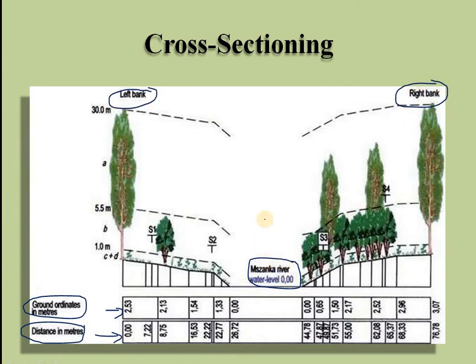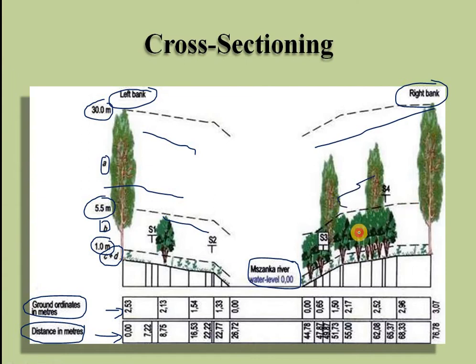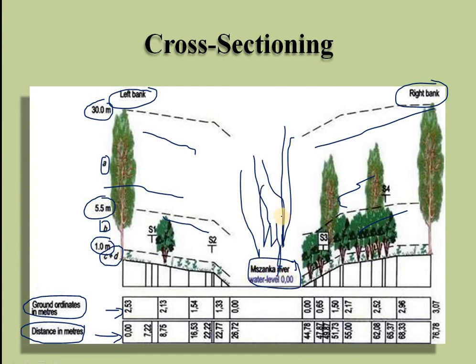We can observe the river flowing: this is 30.0 meters in height, and here 5.5 meters it is getting down, and again 1.0 meters. So A, B, C and D together are the ground level which is observed. The water will be flowing from this point, where the ground levels are at the bottom portion. This is known as the cross section.